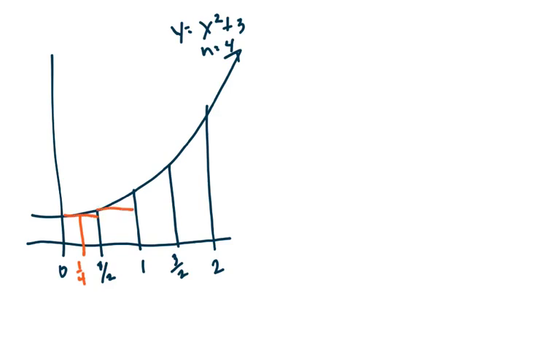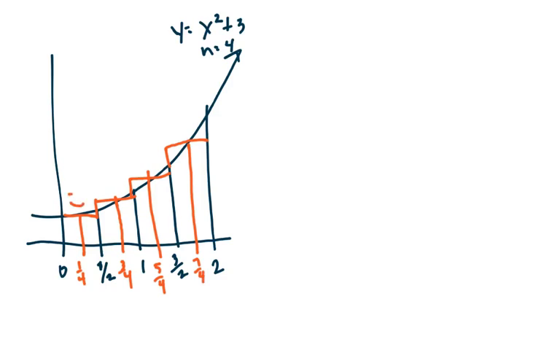And then the midpoint here is x is 3/4, so it about splits the difference on both the x and the y. So the x here is 5 over 4, and the x here is 7 over 4. So those are the x values, and you find the corresponding y values.